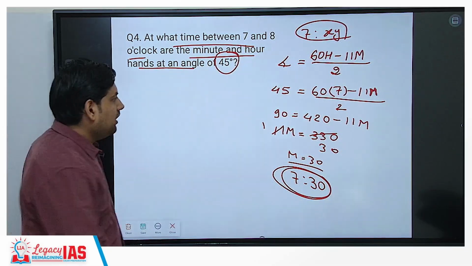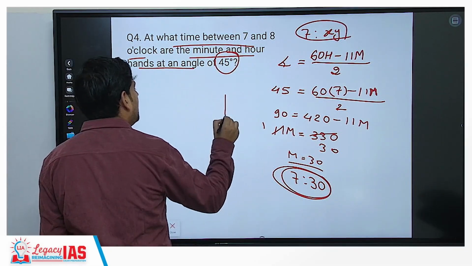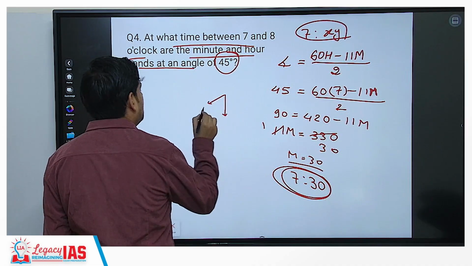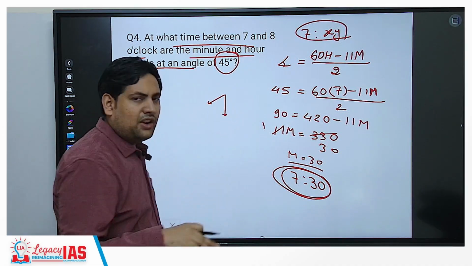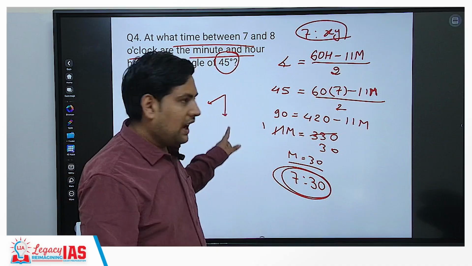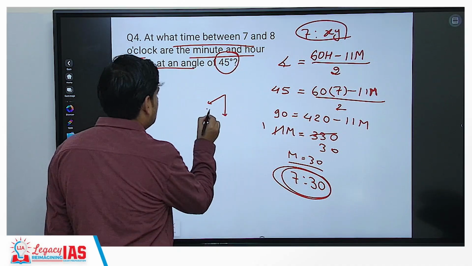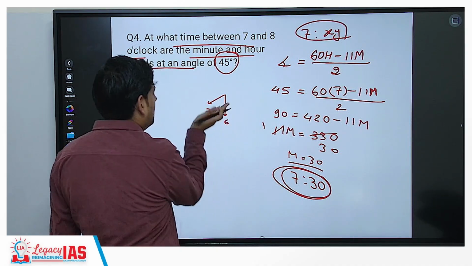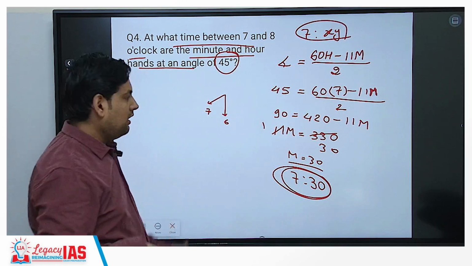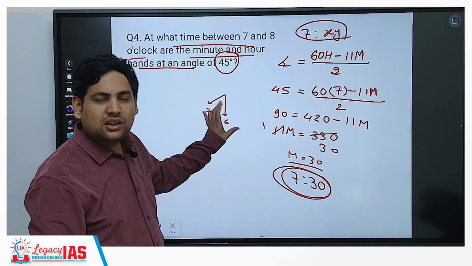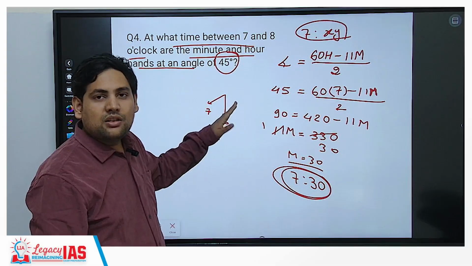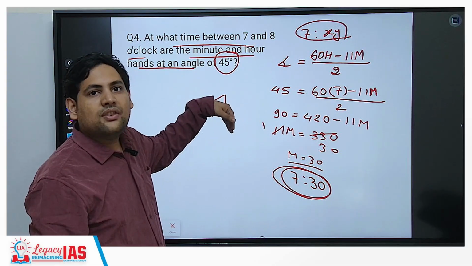At 7:30, if you try to feel it, you will see it will be something like this. 7 o'clock is here, and this is 7 and this is 6. Now this won't be directly at 7. If it was exactly at 7, this would have been 30 degrees, but it won't be. Why? Because 30 minutes have passed.